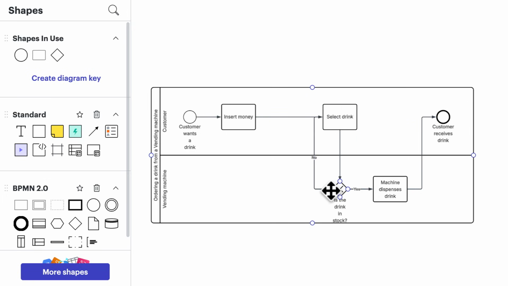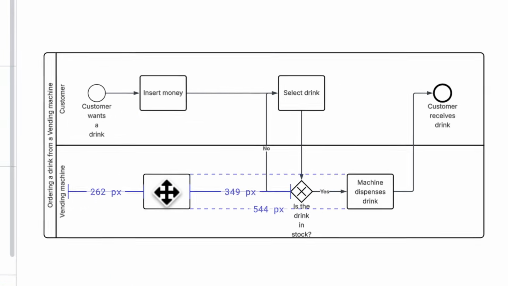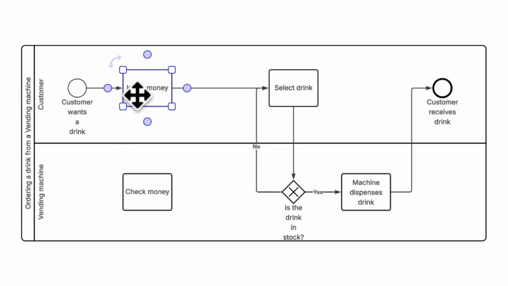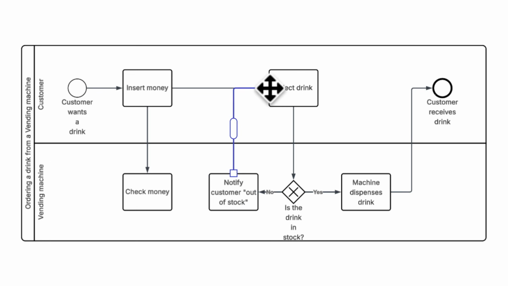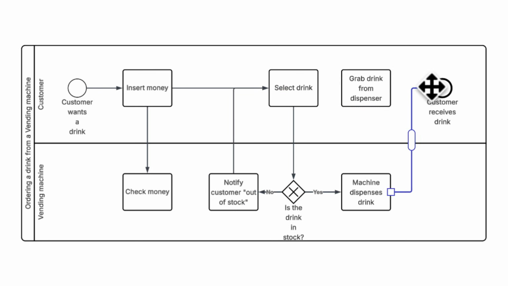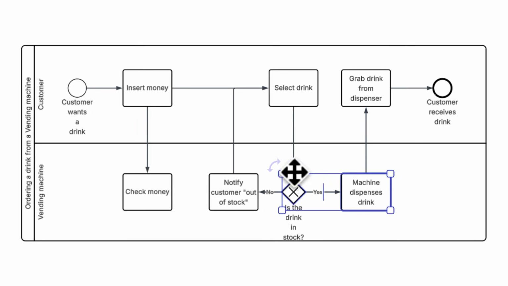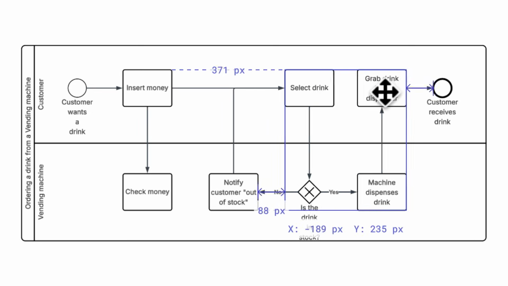They make gaps in responsibility obvious. So we'll add check money, notify customer drink is out of stock, and grab drink from dispenser. Finally, we'll make sure the sequence flows are clear and cross lanes neatly.